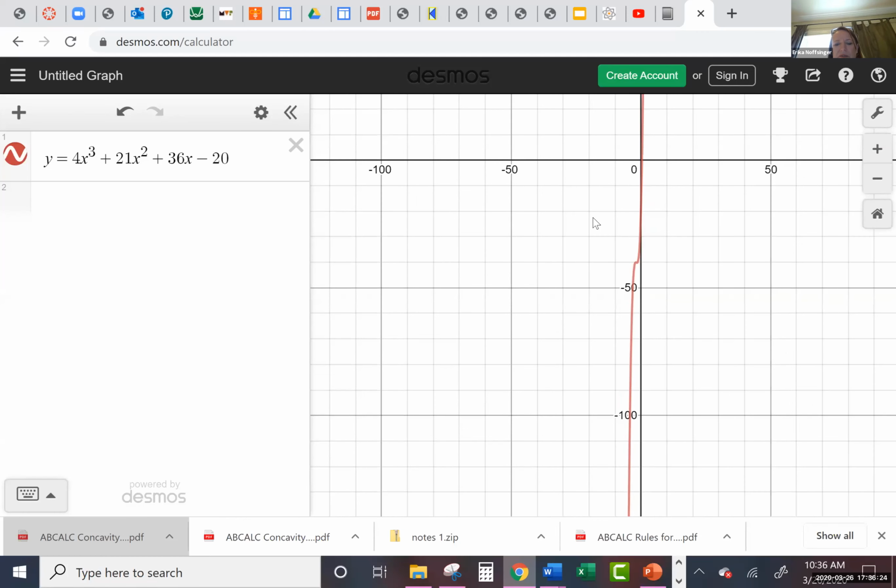Okay, so we're noticing things were happening between negative 2 and, I'm going to blow this up down here. And we were having max and mins and inflection points around negative 40 something.